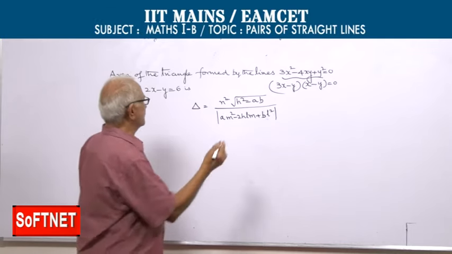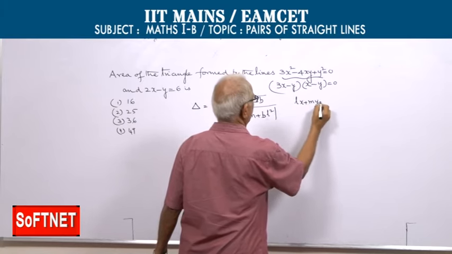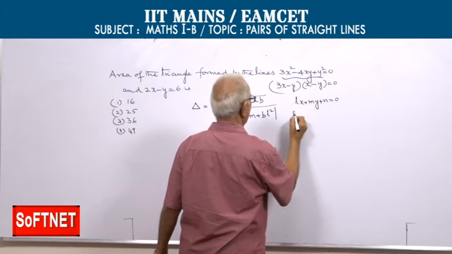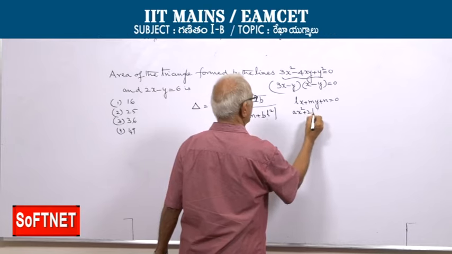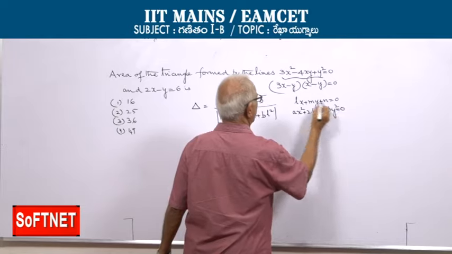Here the line Lx plus my plus n equal to 0 is one side of the triangle, and the other two sides are represented by the homogeneous equation ax square plus 2hxy plus by square equal to 0.